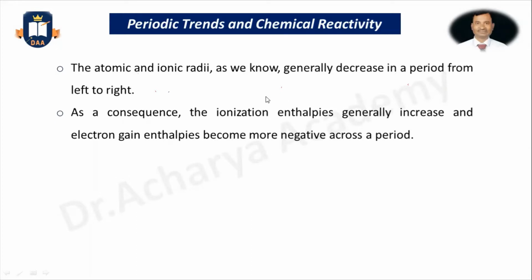We already know from the previous class that atomic and ionic radius decrease in a period from left to right. Ionization enthalpy also increases along the period from left to right, and electron gain enthalpy also becomes more negative across a period from left to right.